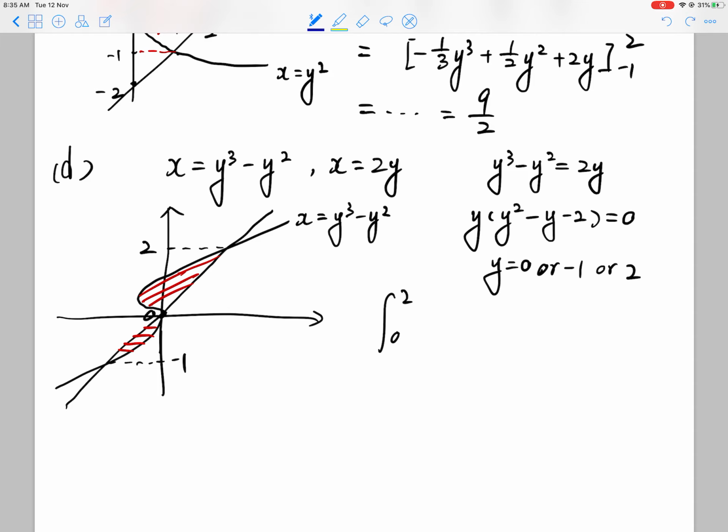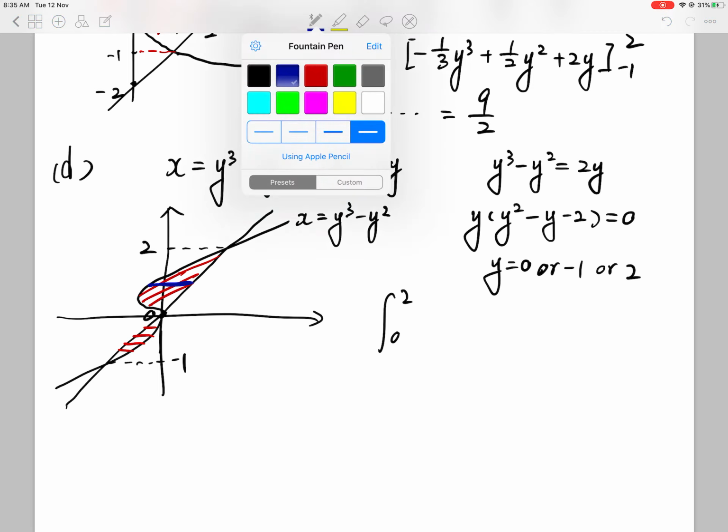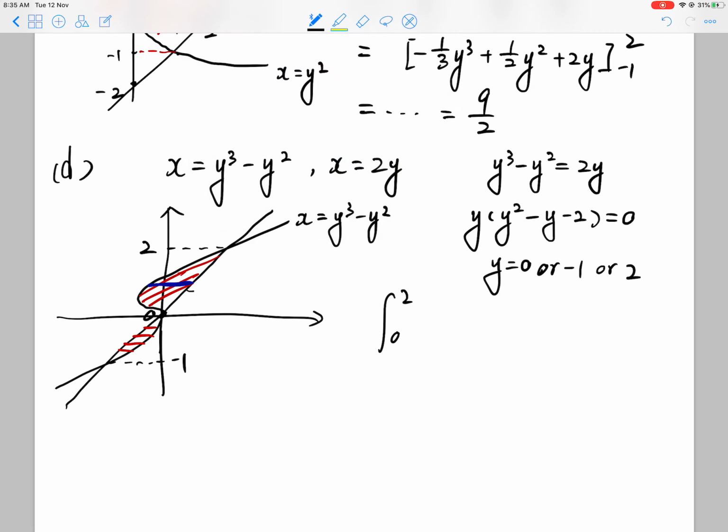To get the length for each y, you use the right side x value minus the left side x value. So the right side x value is 2y, minus the left side x value, which is this.